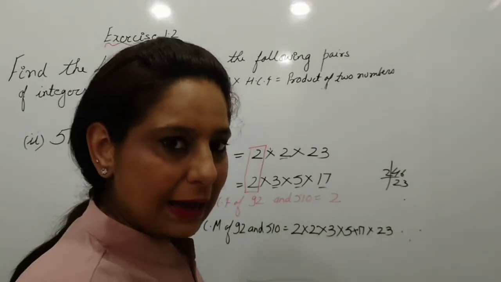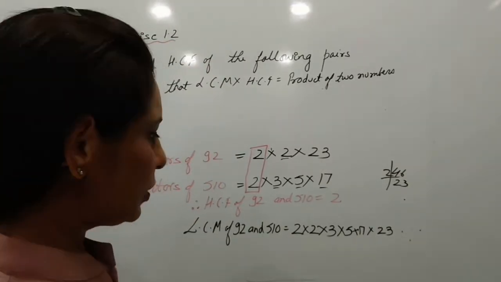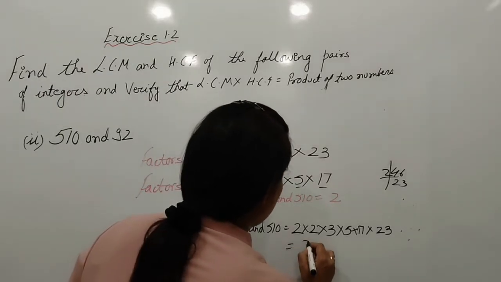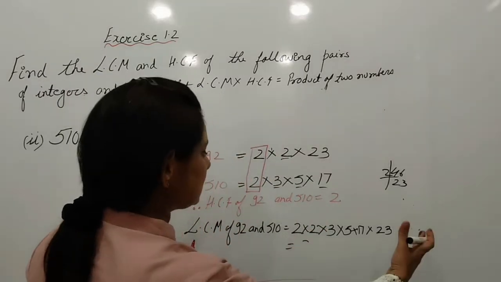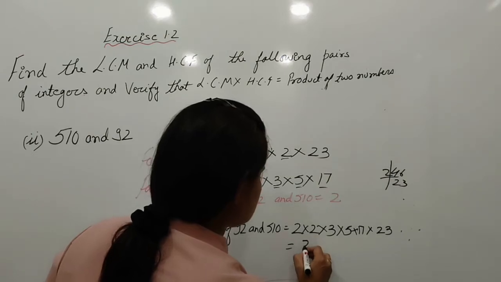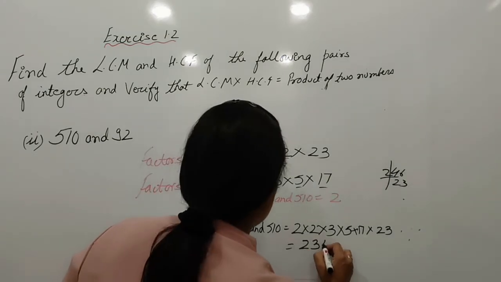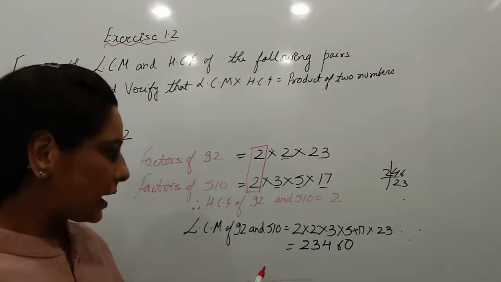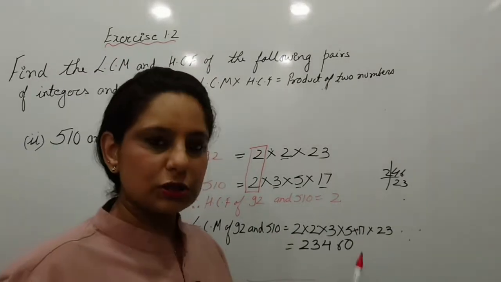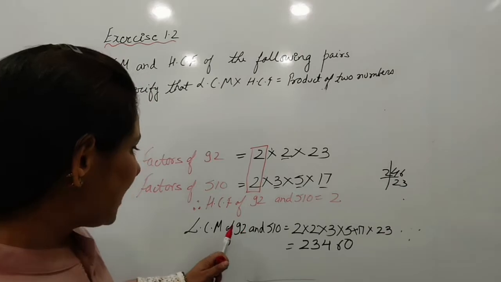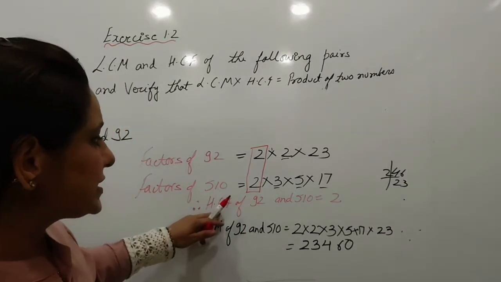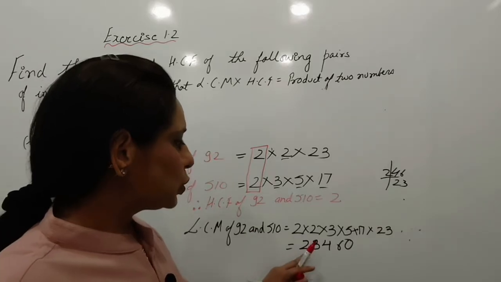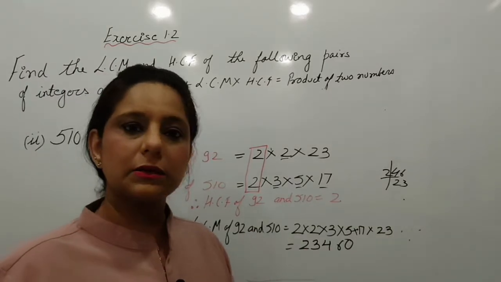So multiply and get the answer. The product of these prime factors is 23,460. This is the product of the prime factors of the LCM. So we have reached the answer that HCF is 2 and the LCM is 23,460.